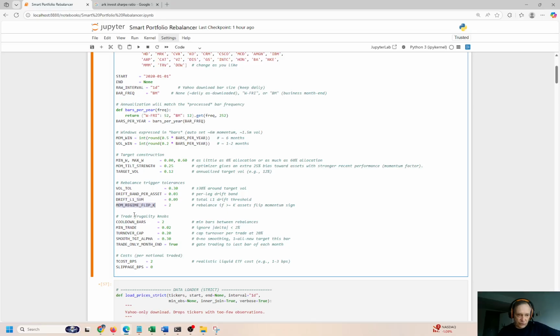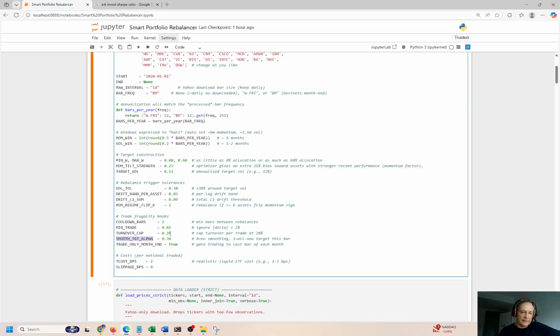Regime flip is 2. We have a cooldown bar of 2, minimum trade of 2%, turnover cap of 20, smooth target alpha. Alpha is above and beyond what we can generate just from normal trading or just from trading in the S&P 500. We want positive alpha, right? Positive returns.